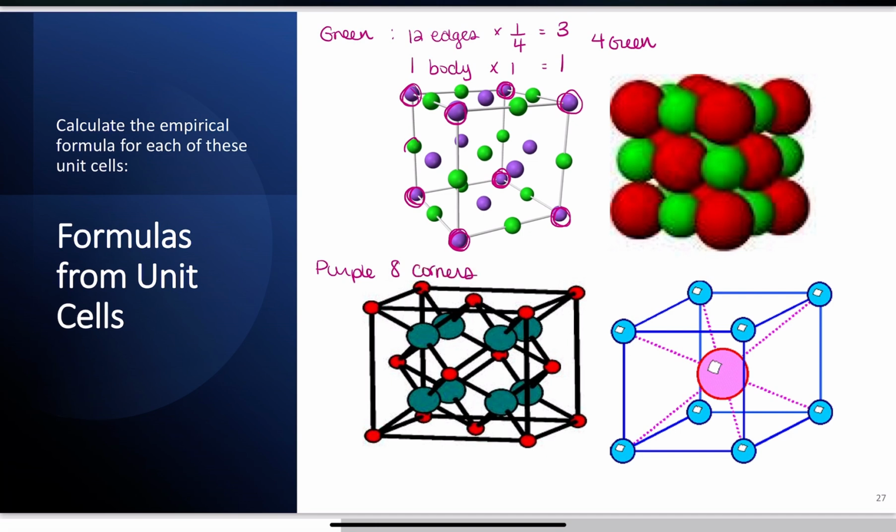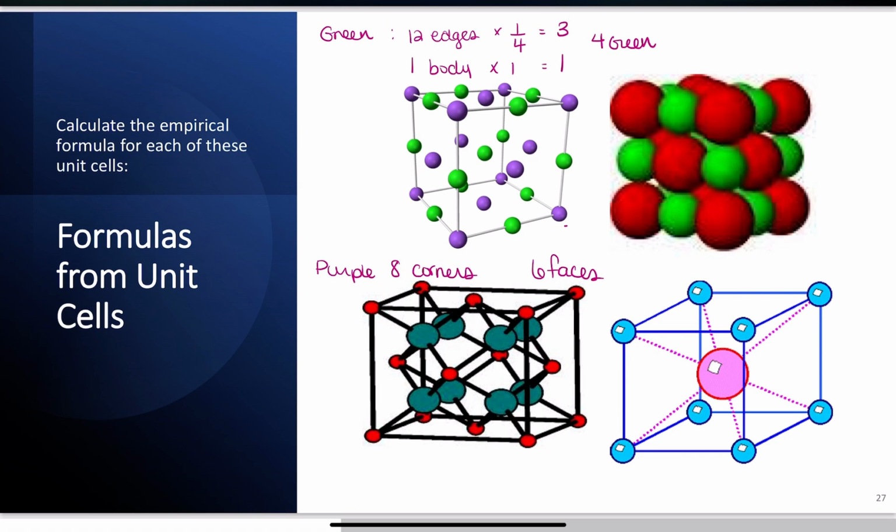And it's hard to see these, but these are faces. 1, 2, 3, 4, 5, 6 faces. How do I know they're faces? Well, a couple reasons. The easiest one for me to see is right here. I can see that this is definitely at the face. This one I can kind of tell it's at the face, but this one on top I can really tell it's at the face. And there's 6 of them, so that means I've got 6 faces.